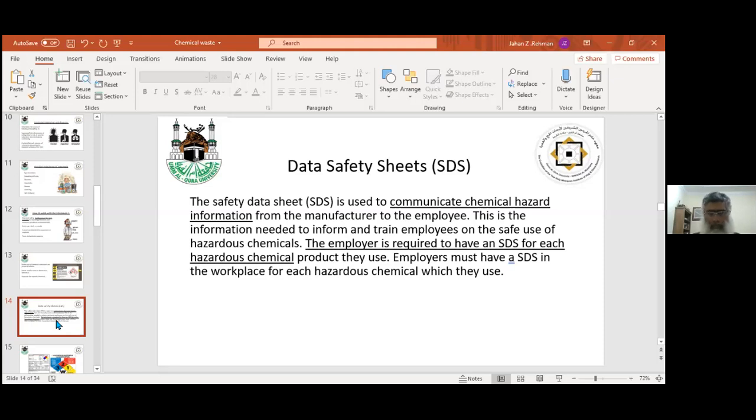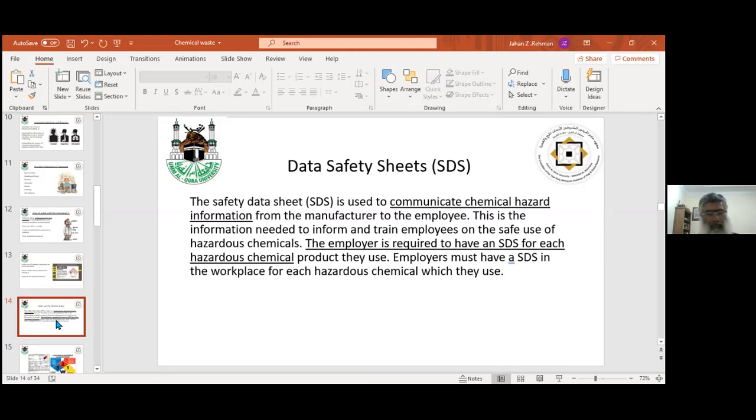Every chemical, it is the duty of the lab in charge to tell you, or the best way is to put the sheets with the chemicals, saying what is the maximum hazard of this chemical and what is its toxicity, especially for the chemicals which are not normally used.